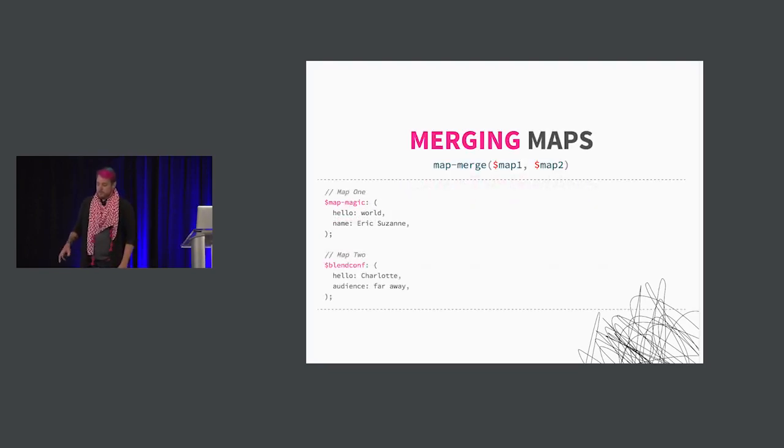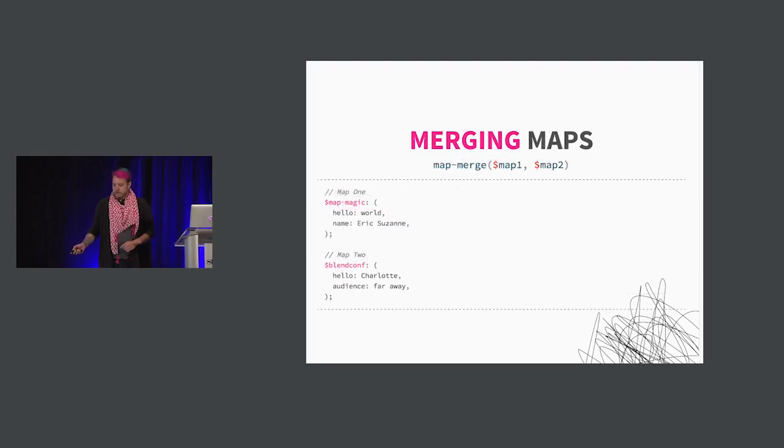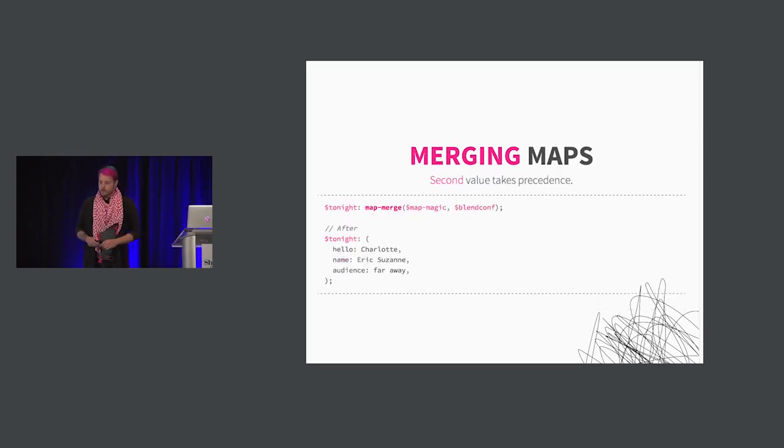Here's 2 maps, and if we want to merge them, we just say, tonight is the merge of Map Magic with BlendConf, and we get this merged map. And you'll notice both of those maps have the hello key, and once we merge them, the second one takes precedence.